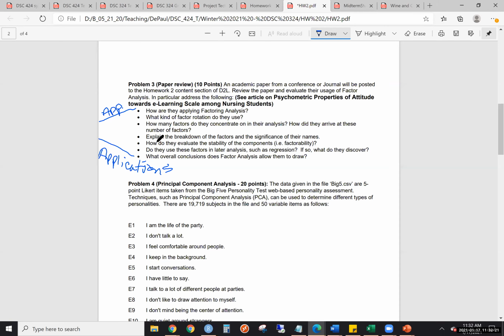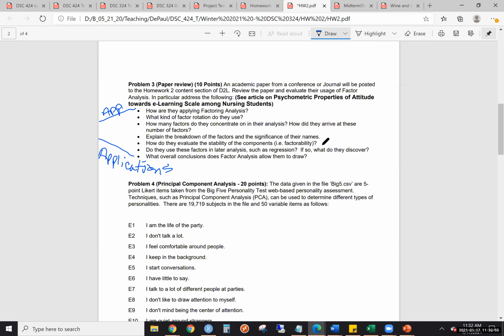In the next question, how do they evaluate the stability of the components? In the next slide deck that I'm going to get to next, we're going to talk about factorability in terms of checking for assumptions of principal component analysis and factor analysis, which are KMO sampling adequacy, Bartlett's test of sphericity, which is looking at how much shared variance or correlation we have in the overall data set that we're looking at, and also reliability analysis or Cronbach's alpha.